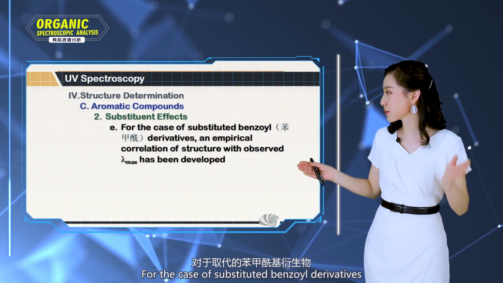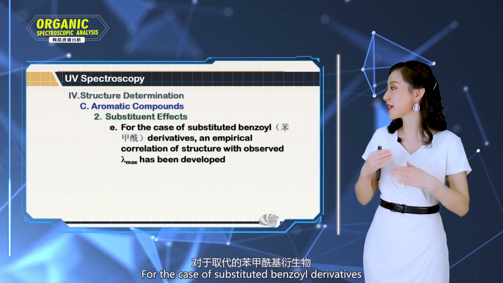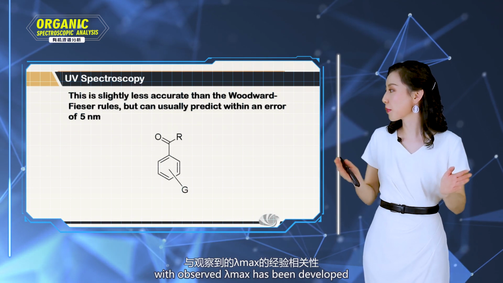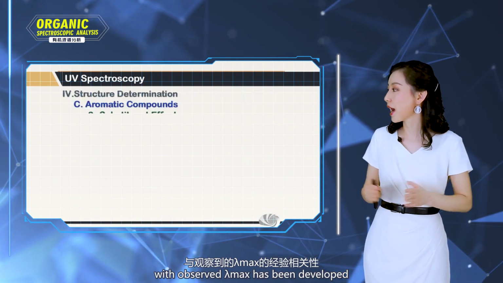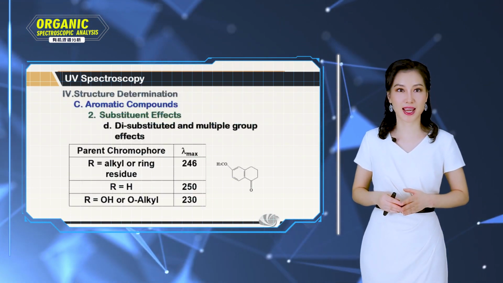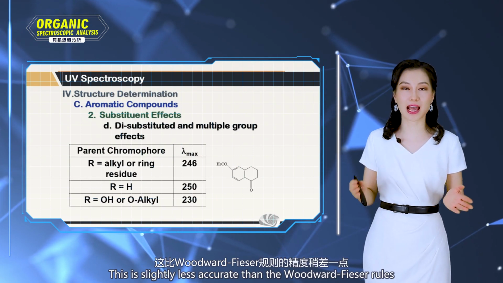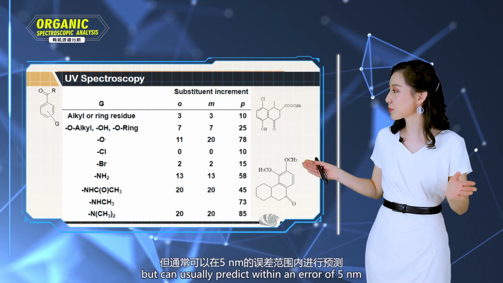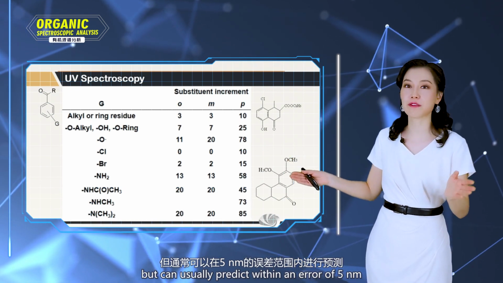For the case of substituted benzoyl derivatives, an empirical correlation of structure with observed lambda maximum has been developed. This is slightly less accurate than the Woodward-Fieser rules, but can usually predict with an error of 5 nanometers.